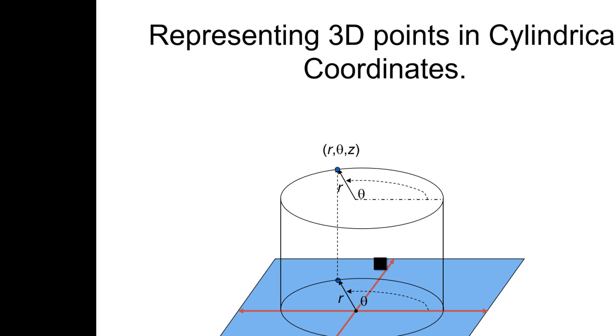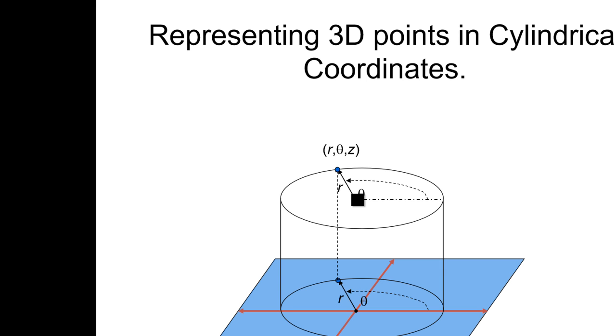The same r and theta are also in the cylinder on the top face, but the height of the cylinder is represented by z. So we can specify any point in a three-dimensional space using the cylindrical coordinate system, and the cylindrical coordinates are r, theta and z.